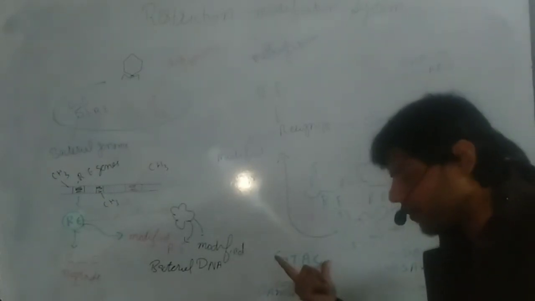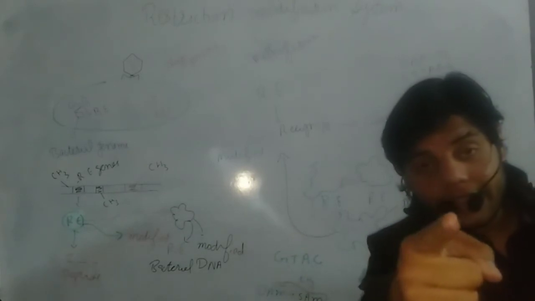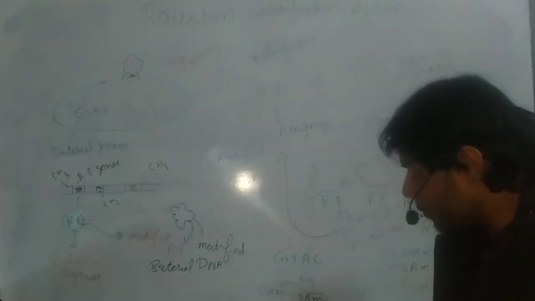Remember, this is the DNA sequence, and whenever a restriction enzyme can recognize and modify that specific site, then they will call upon these methylase enzymes. Then DAM will come, and the SAM will carry the DAM.